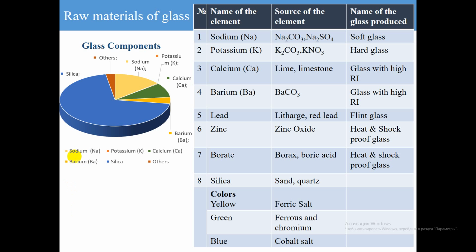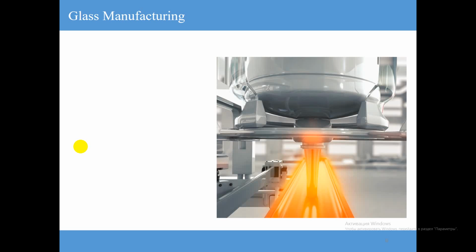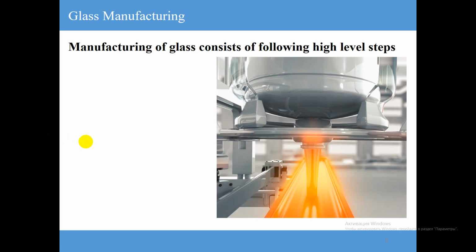Since we are considering materials for construction, we shall consider flat glass, glass fibers and glass matting for insulation here. And how is glass manufactured? A very interesting and useful process. Manufacture of glass consists of the following high-level steps. Melting.